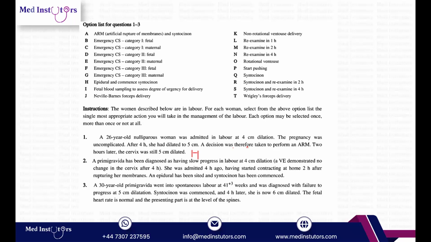Okay. Next question. A primary gravida has been diagnosed as having slow progress in labor at 4 centimeter dilatation. She was admitted 4 hours ago, having started contracting at home 2 hours after rupturing her membranes. An epidural has been sited and syntocinon has been commenced, right? So what would we do? After commencing syntocinon, what would we do?